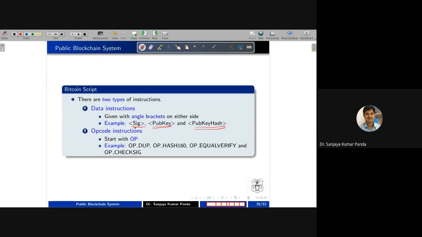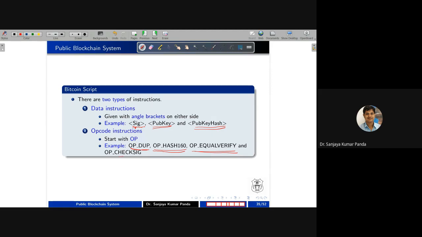Similarly, the other type of instruction is called opcode instructions, which start with the keyword OP. For example, if I write OP underscore DUP, DUP stands for duplication. OP underscore HASH160, you know, is a cryptographic hash function. OP underscore EQUALVERIFY: if you want to check whether X is equal to Y or not, you can use equal verify.